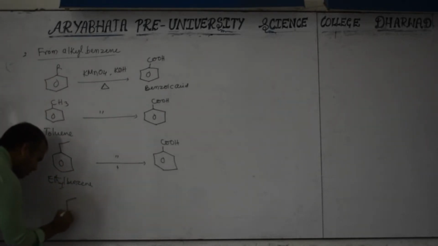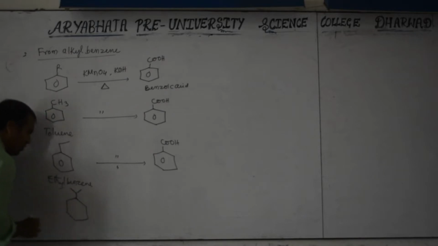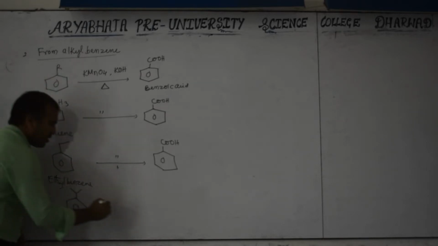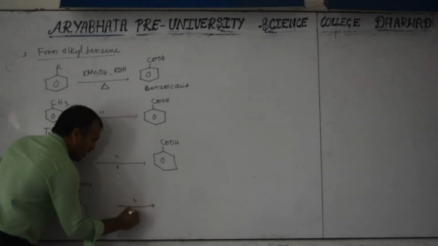Next, this is isopropyl benzene. You may have studied it in the alcohol and phenol chapter. It is also known as cumene. Common name cumene, otherwise isopropyl benzene. The same reagent you can take here, or chromic acid also.